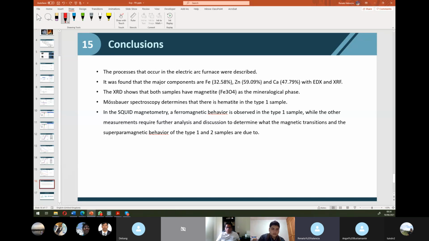Mössbauer spectroscopy determined that there is hematite in the type 1 sample, and in the SQUID magnetometry, ferromagnetic behavior is observed in the type 1 sample, while the other measurements require further analysis and discussion to determine what the magnetic transition and the superparamagnetic behavior of the type 1 and 2 samples are due to.